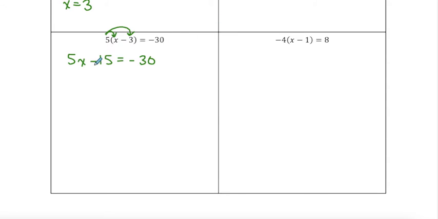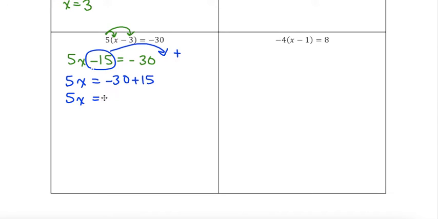From here, I want to get rid of the constant that's on the same side as the variable. So I'm moving it to the other side, and I do that by doing the opposite operation, which is addition. So I have 5x is equal to negative 30 plus 15. Negative 30 plus 15 is negative 15.